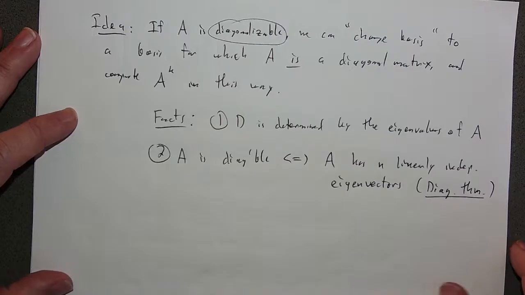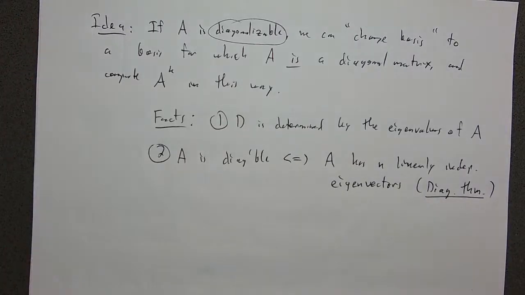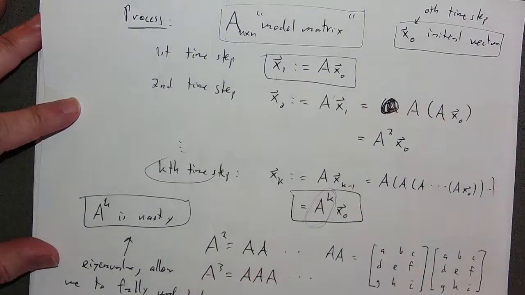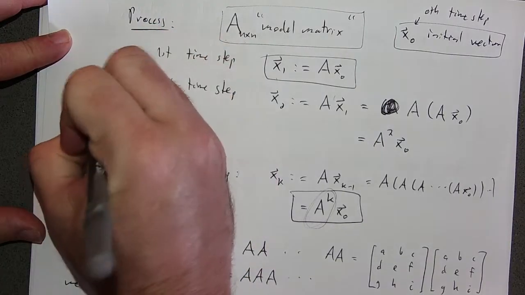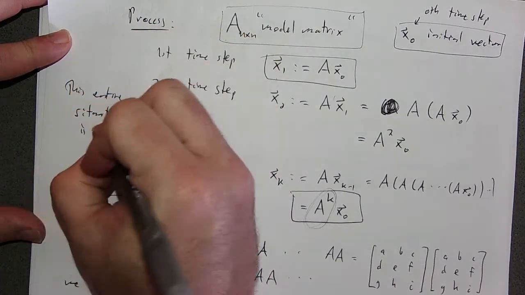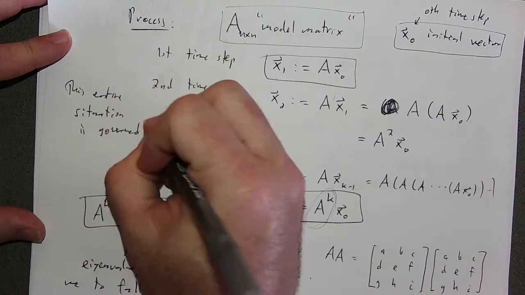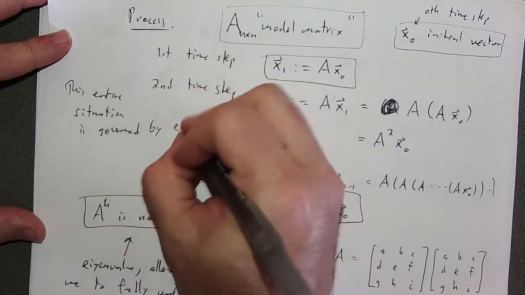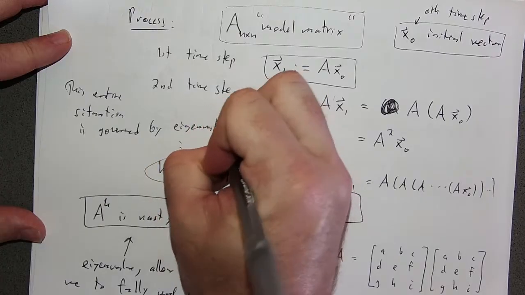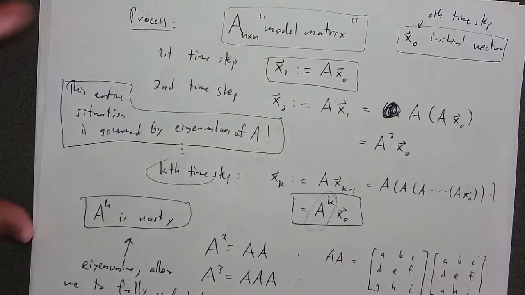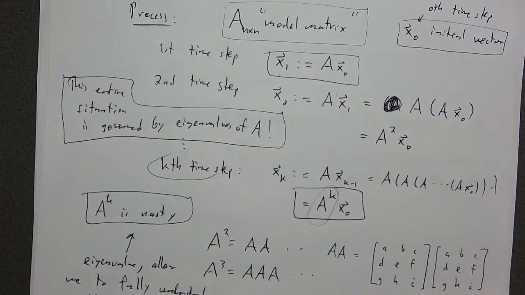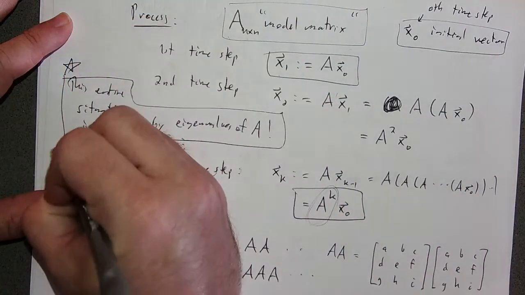So the main point, going back to this, and the whole reason that I mentioned this, is that this entire situation is governed by eigenvalues of A. That is the important bit, and that is true not even just in a purely linear algebra course.